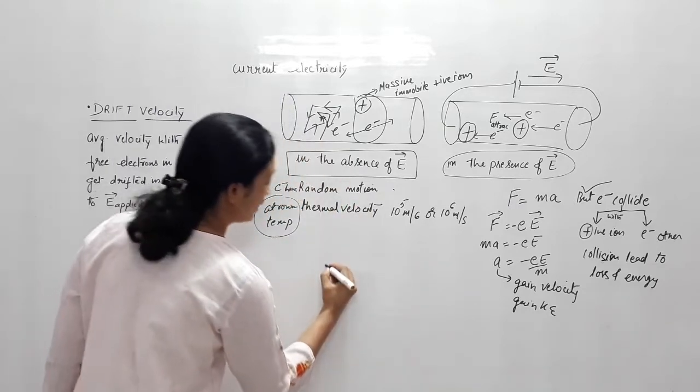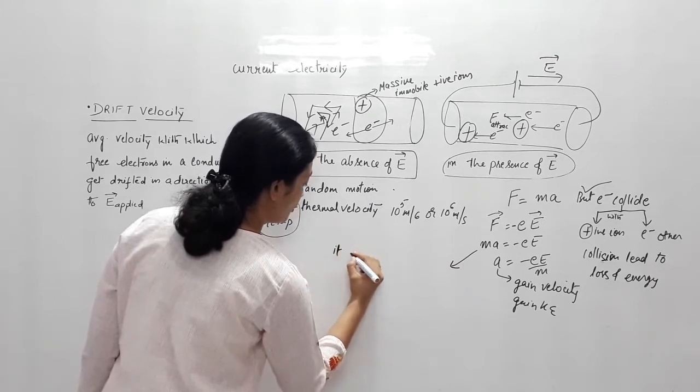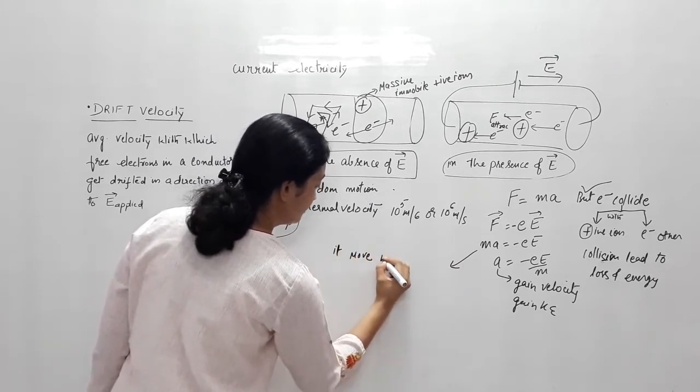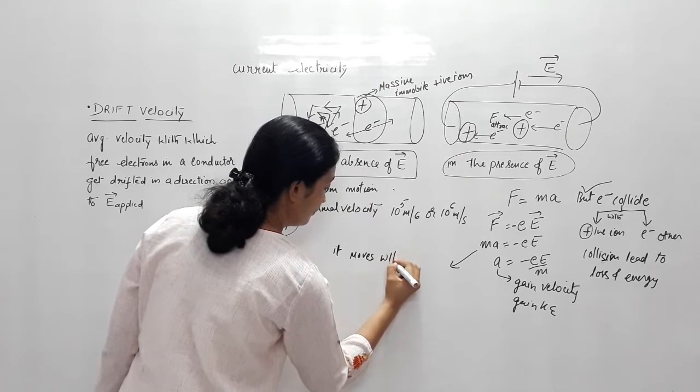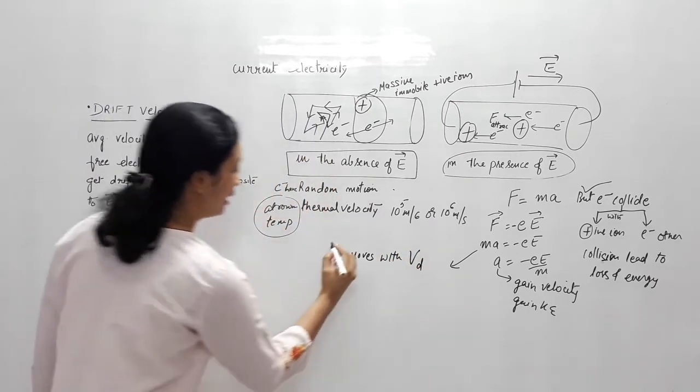Ultimately the electron moves with drift velocity. We call it v drift.